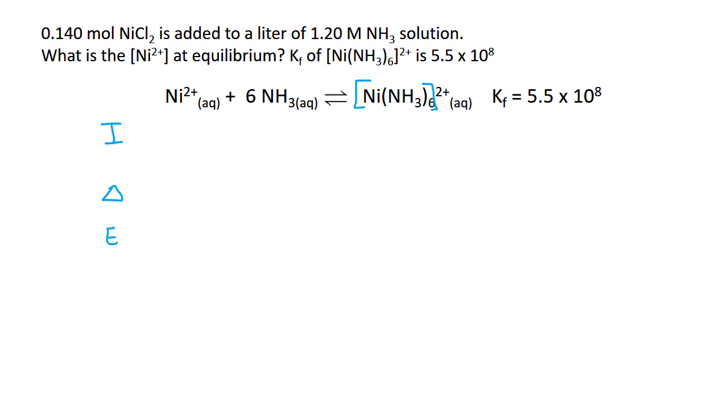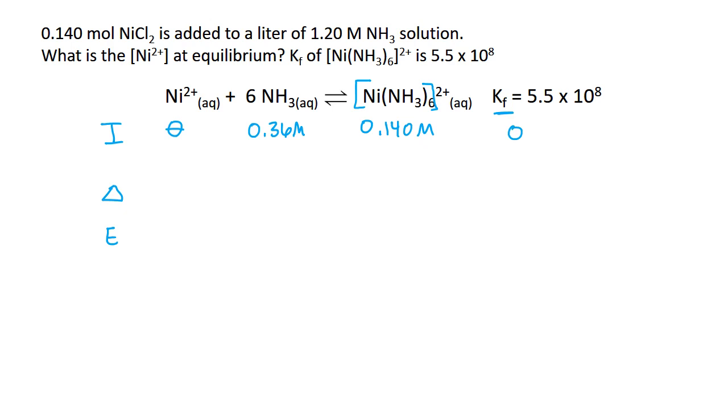So initially, I'm going to have 0 molar of the nickel because it all reacted with the ammonia. I'm left with 0.36 molar of the ammonia and 0.140 molar of the complex. Now, like I said, this is going to shift based off of this equilibrium constant. Now, I know this is 0 here.